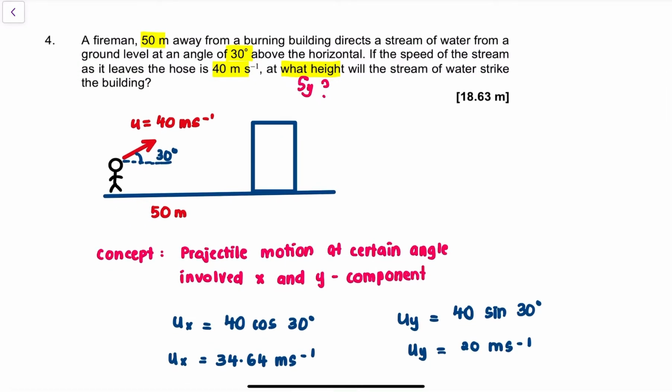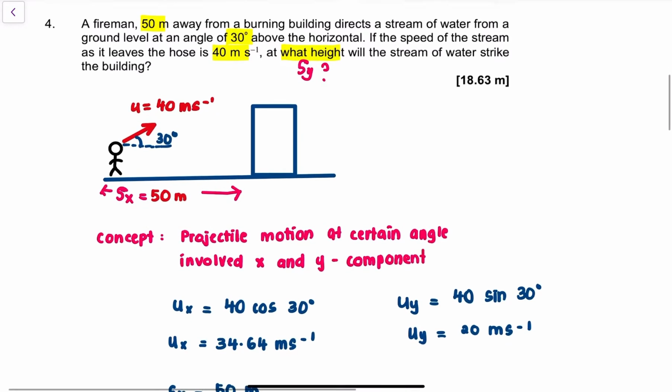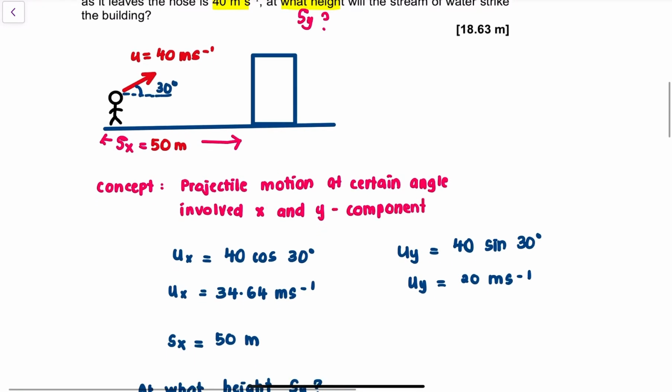Okay, by looking at the diagram here, we can see 50 meter from the fireman to the building. Actually, this is the value of sx, from the fireman to the building. Next, refer to the projectile motion at a certain angle. For this concept, we have values at the y-axis and also the x-axis.